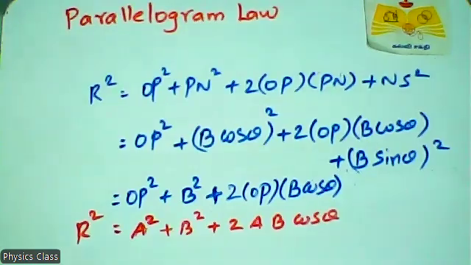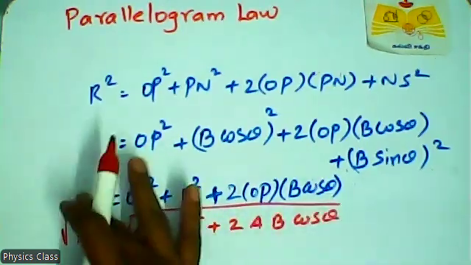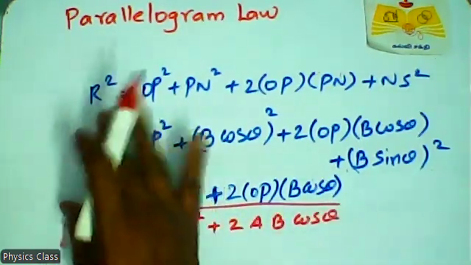To find the resultant, we have to take roots. So root and square cancel out.